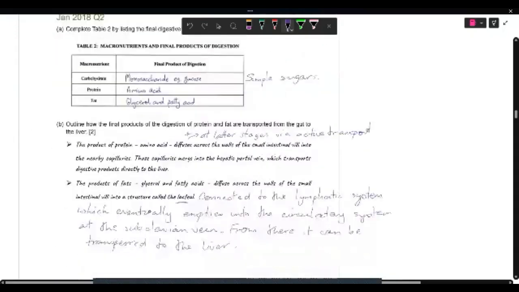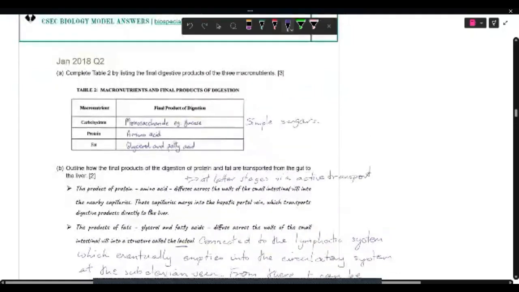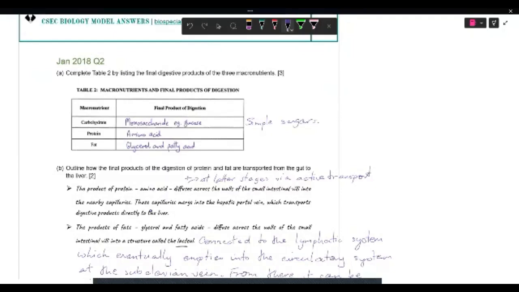Then we have question 2, where we're being asked to list the final digestive products of 3 macronutrients. So those are your products here. Carbohydrate, final product is monosaccharide, example glucose, or you can say simple sugars such as glucose, because remember you have several types of simple sugars that would end up being your final digested product.